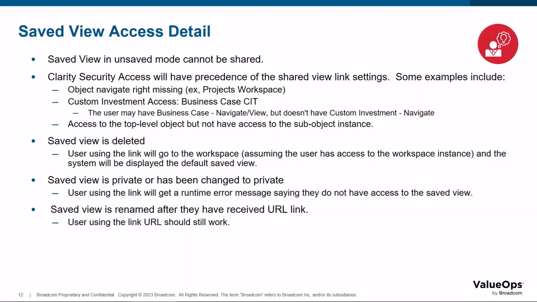Say if the saved view is made private or has been changed to private after the link was generated, then the user using the link will get a runtime error message displaying that they no longer have access to that saved view. Saved view, in case it is renamed after the URL was generated, the user will still be able to navigate to the saved view. So the saved view name does not have any importance in regards to the URL that is being generated.